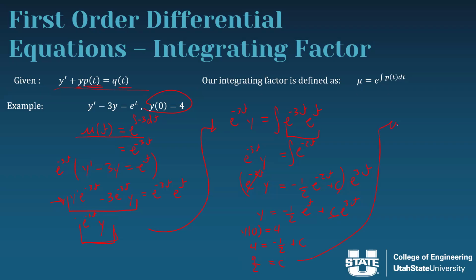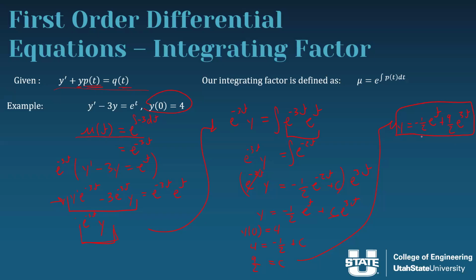Then our solution would be y equals negative 1/2 e to the t plus 9/2 e to the 3t.